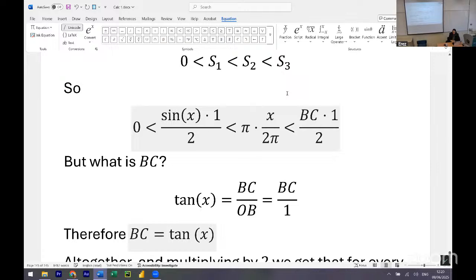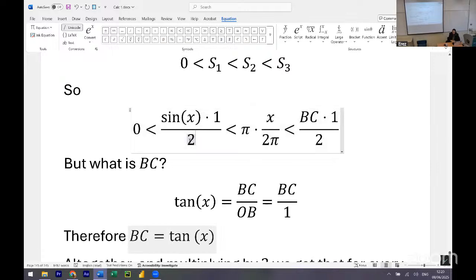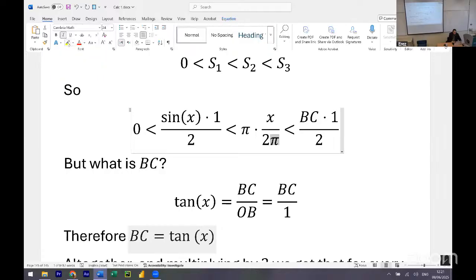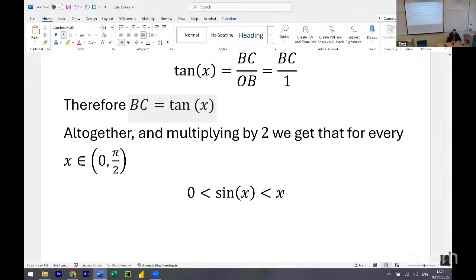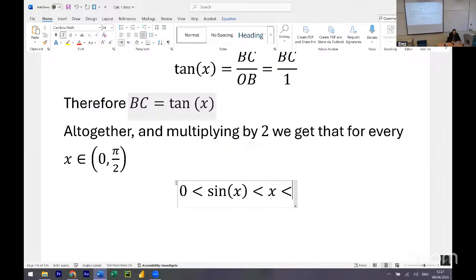Look, I multiplied by 2, so all the 2's here are cancelled. So we get here sine, we get here x, because the pi cancelled out, and the last one is the tangent, which is smaller than tan of x. Agreed?